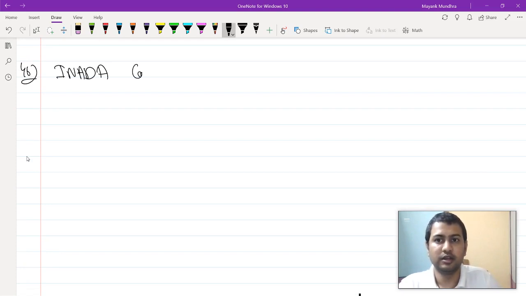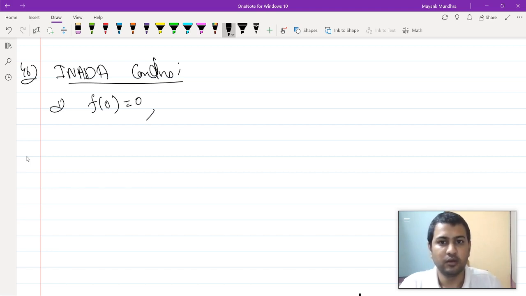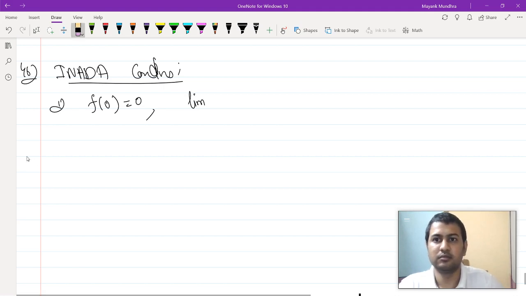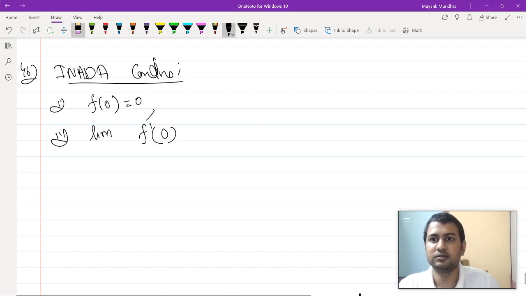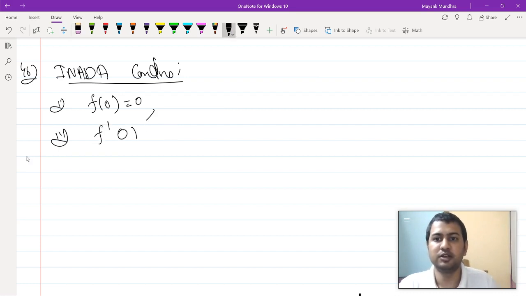So what are Inada conditions? Inada conditions are, first thing, f of 0 is equal to 0. Second is limit f prime of 0 tends to infinity.